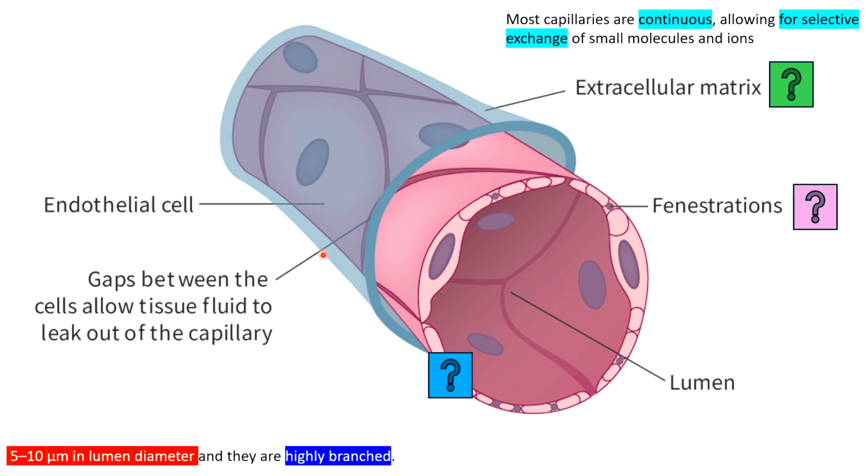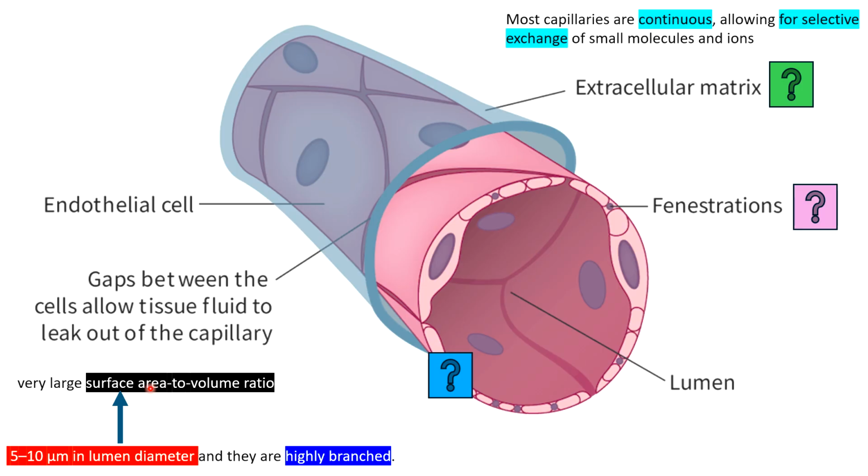Now, their lumens have a diameter of 5 to 10 micrometers. So that's pretty small compared to arteries. Well, their wall thickness to diameter ratio is different to the arteries, certainly. So they're highly branched, okay, as you can see.